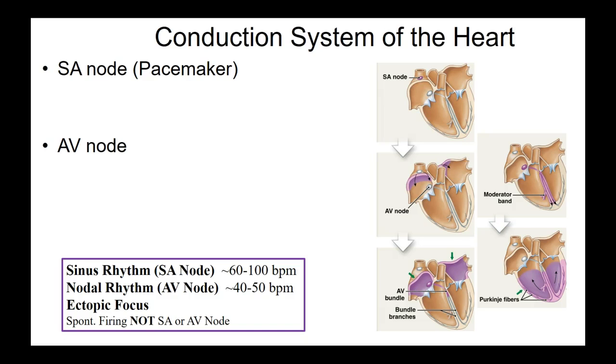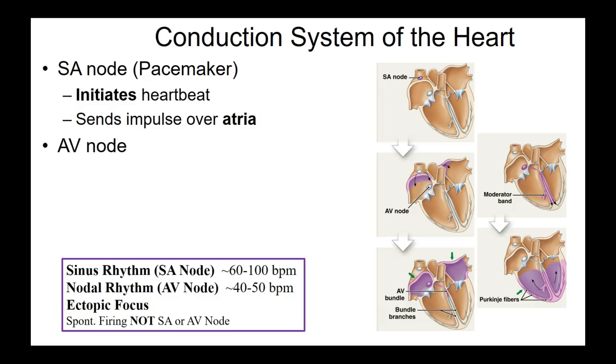All right? Okay, so here we have some tissues that spontaneously generate those bioelectrical impulses, the SA node and the AV node. Remember it starts off, that SA node is in the upper part of the right atrium, and it spreads towards the AV node, and also towards the left atrium, right?